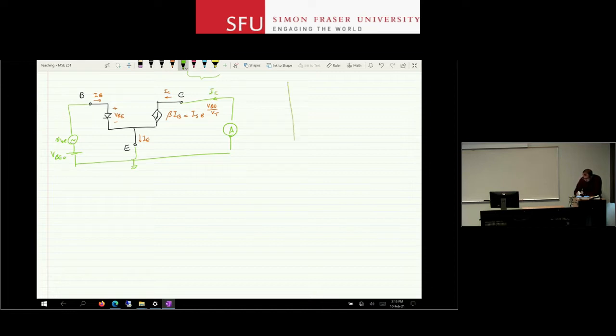If you go and look at IC versus VBE, assuming the device is in active region of operation, IC versus VBE looks like this. Okay, assuming that your collector voltage is held above the saturation level for the transistor.